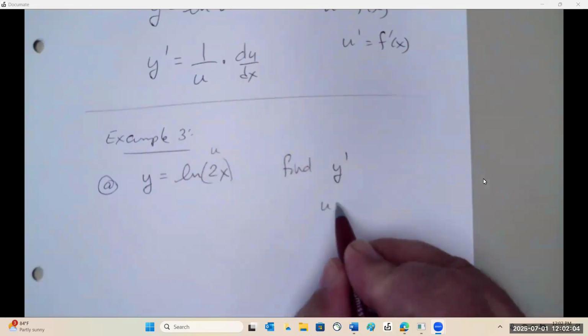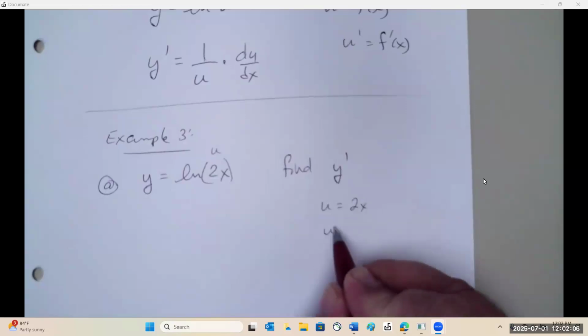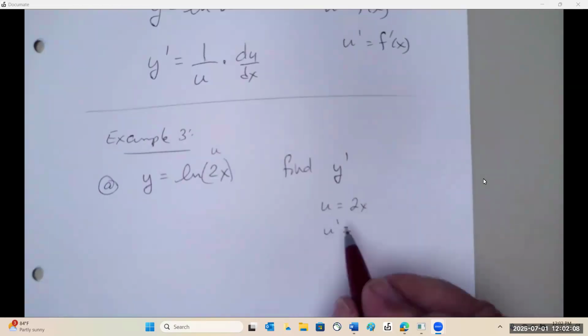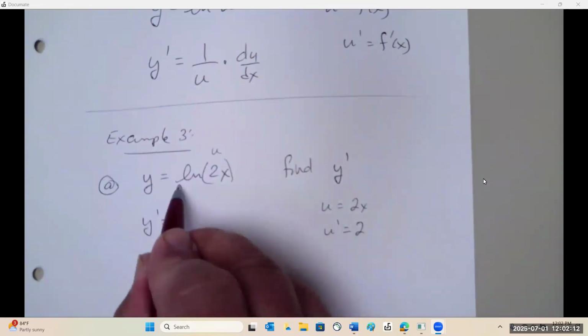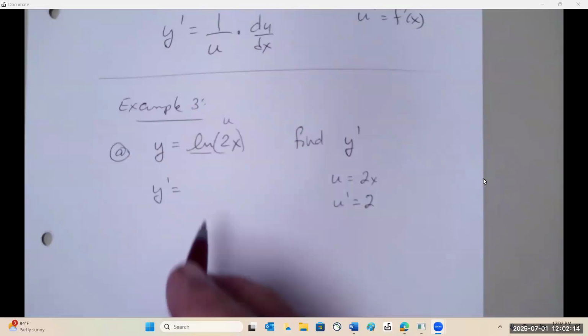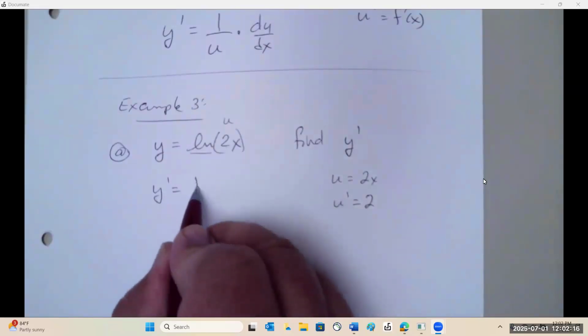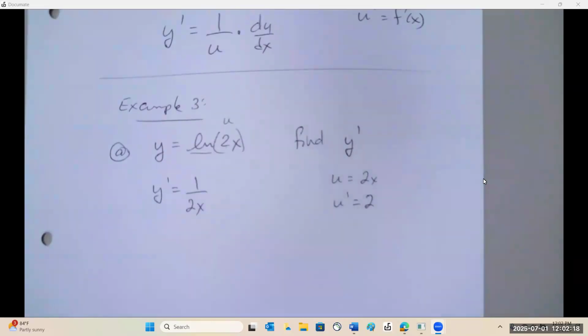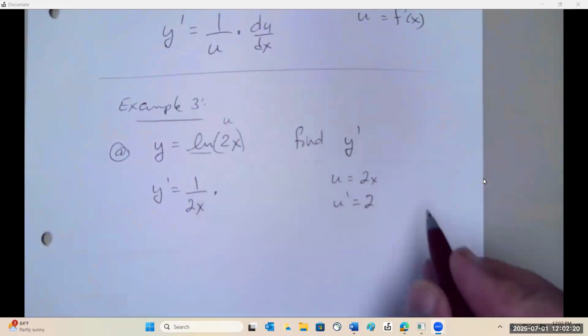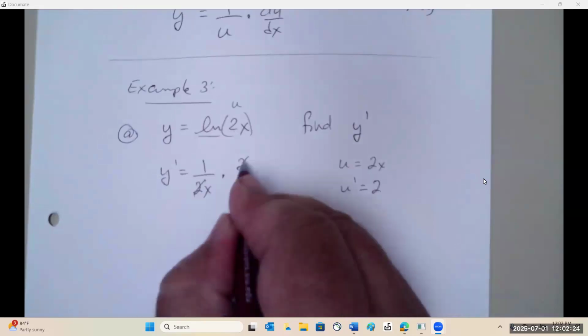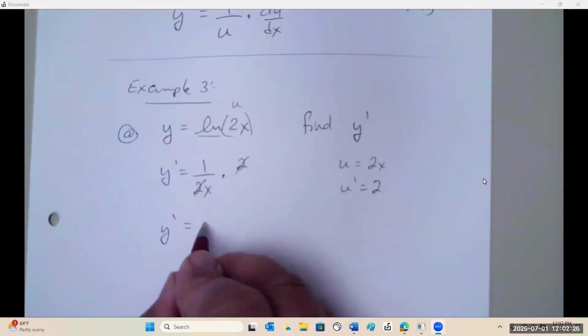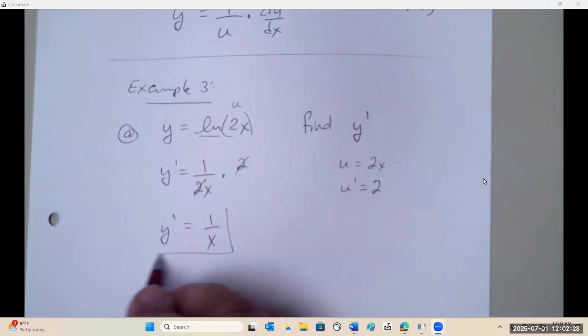So if u equals 2x, what is u prime? 2. So what's the derivative of ln? Ln u is 1 over u, which is 1 over 2x, times the derivative of u, which is 2. The 2's cancel. The derivative is 1 over x.